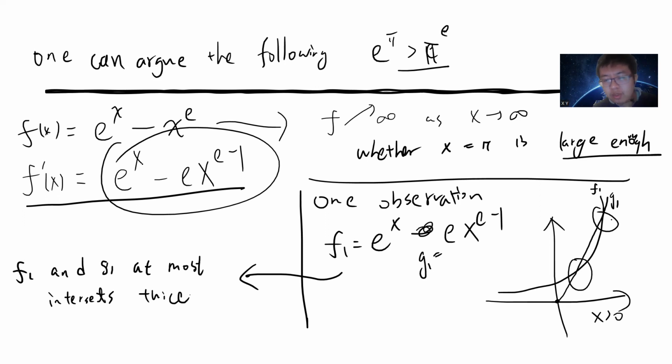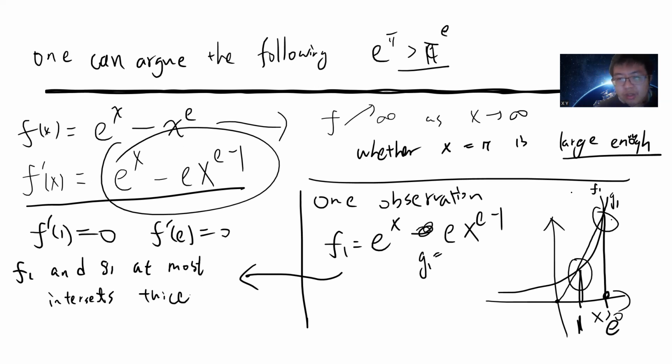But the first thing I know is that when x equals 1, f prime of 1 is 0, because e to the 1 minus e to the 1. And the second one you can find by eye: f prime of e is also 0, because e to the e minus e to the e. Okay, so that means what?